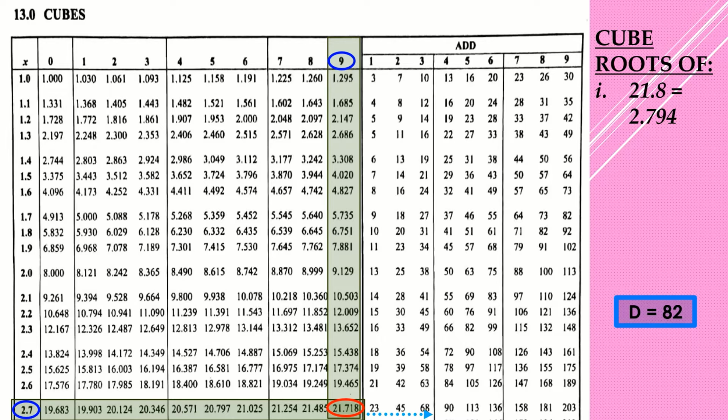Actually, the next number after 82, what is it? 90. So we cannot take a number which is lower than 82. So I've circled 90. So on top of the table, a number which coincides with 90 on the x row, which number is it? That is what we want, and that number is 4.